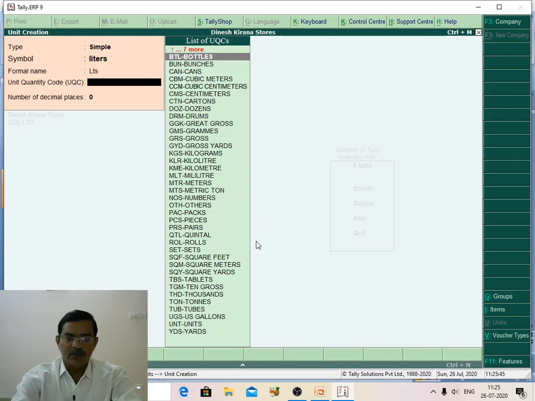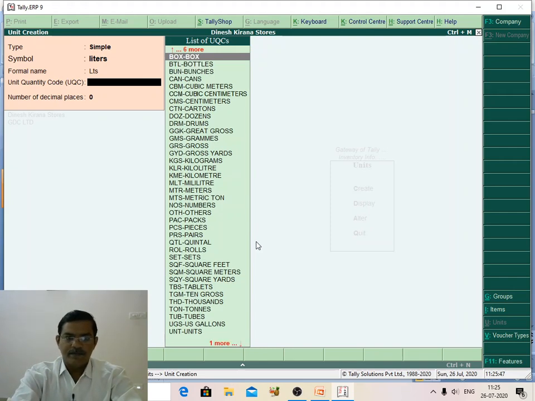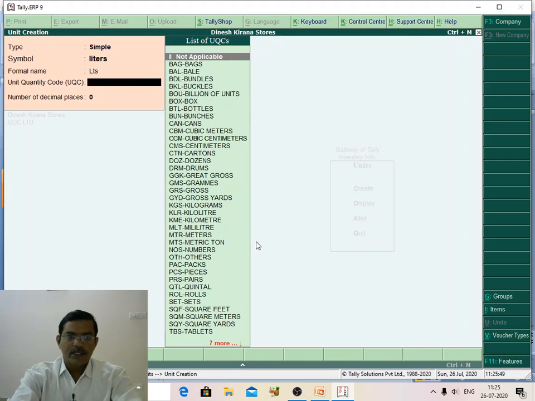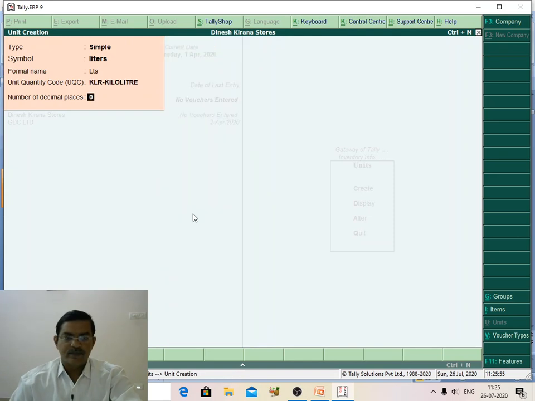Oil we can measure in terms of liters only. There are many other items: units, yards, bags, bottles, dozens, gross, kiloliters. Here for kiloliters also I am giving 2 decimal places.